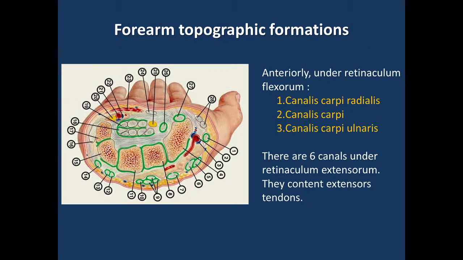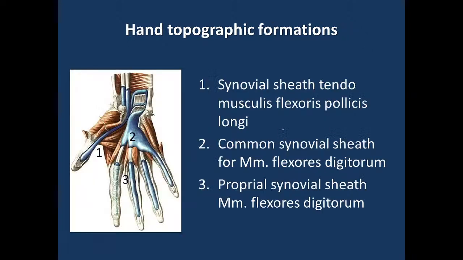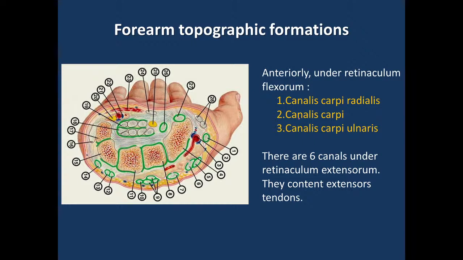Here, this is a section of the forearm, and this is the proximal part, and we see three channels here. You see the biggest channel, we call it canalis carpi, number 2. It contains the median nerve and tendons of the superficial and deep flexors of the forearm.